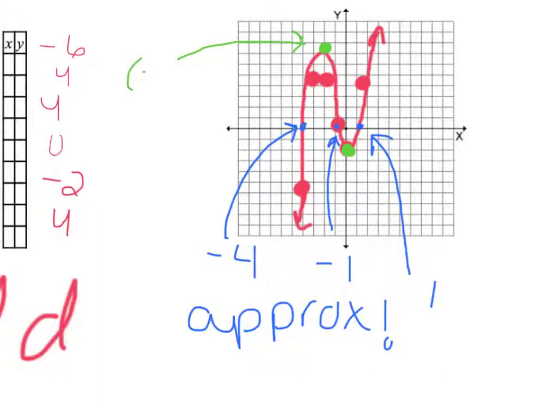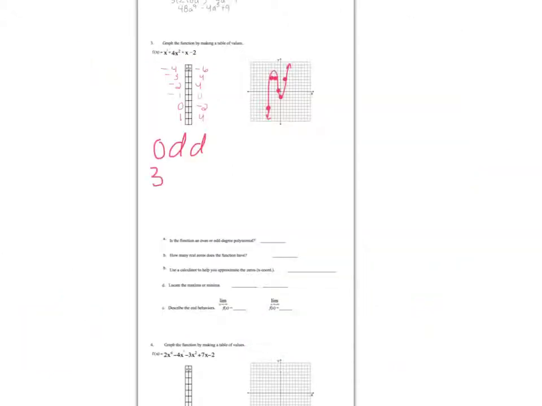And the other one is at about 0.5, -2.1. Again, the Moodle answers are a little bit more exact. You can find these by going on your calculator and just going to calculate maximum, calculate minimum.